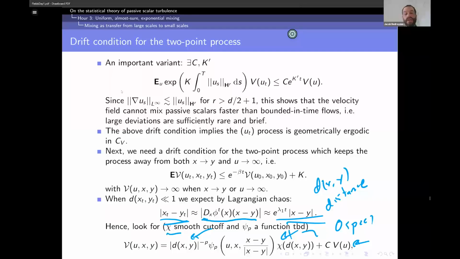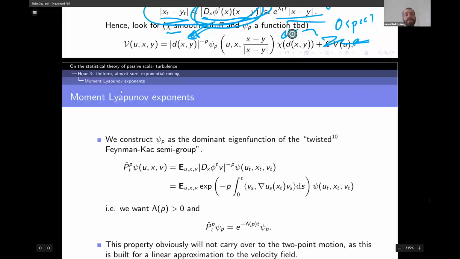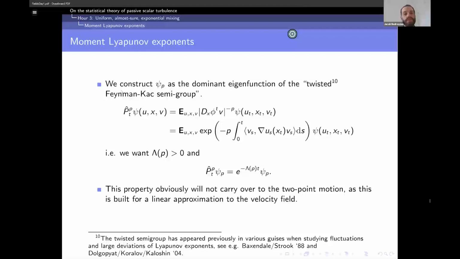Okay, so now the idea is we need to find a psi p such that this thing holds. So let's use this linear approximation. We take this linear approximation, put it here, and what we want to do is study this semigroup, which is no longer a Markov semigroup.